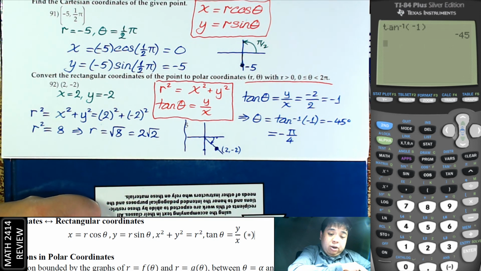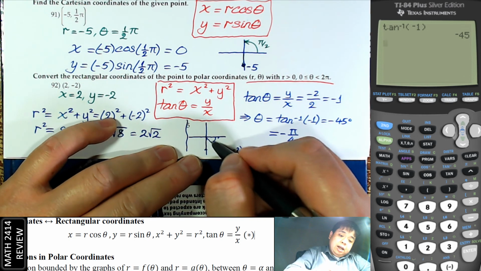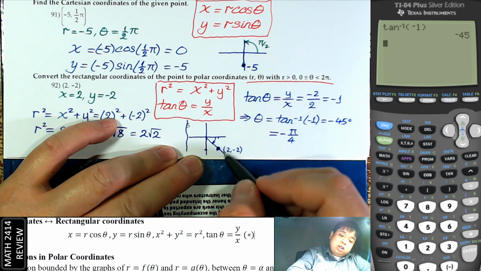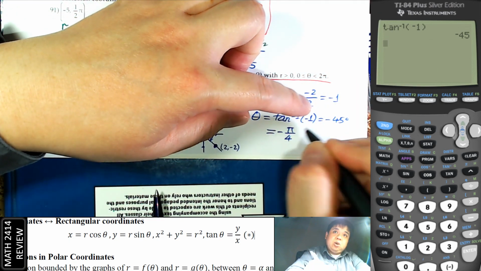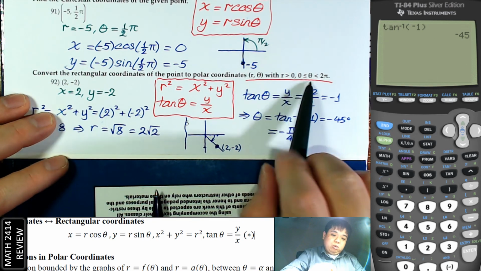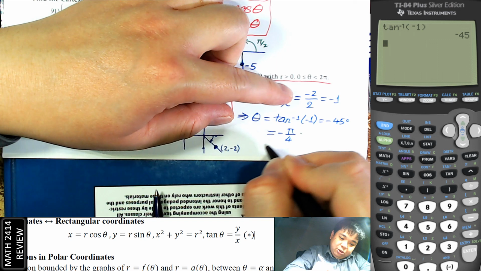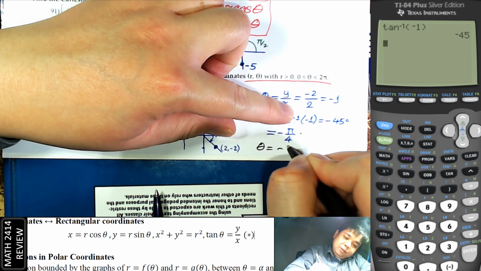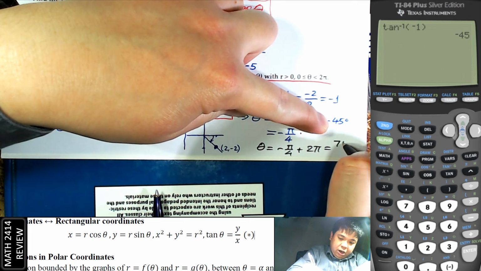The only problem here is that we want an angle between 0 and 2 pi. So we have to add 2 pi to this, so the angle is between 0 and 2 pi. So I'm going to add 2 pi to it. That is 7 pi/4.